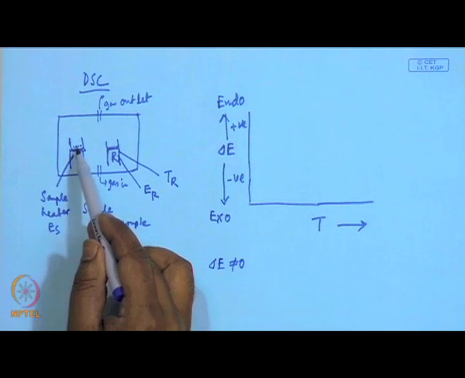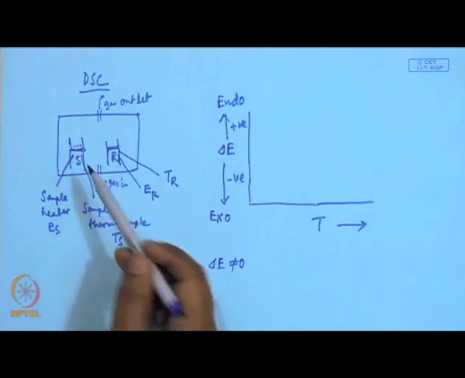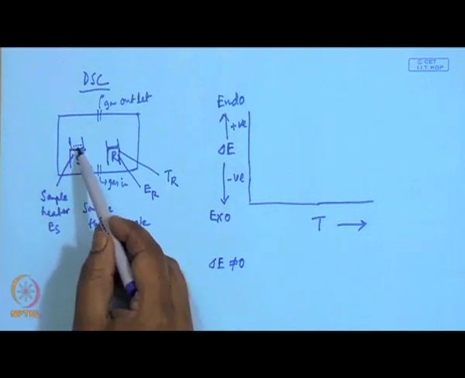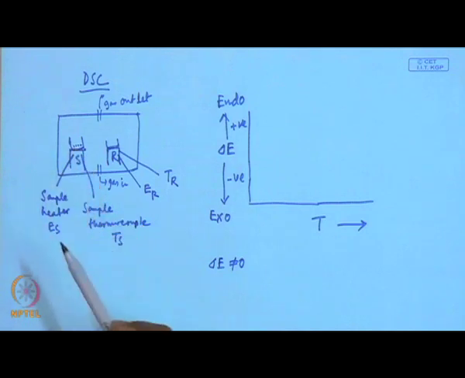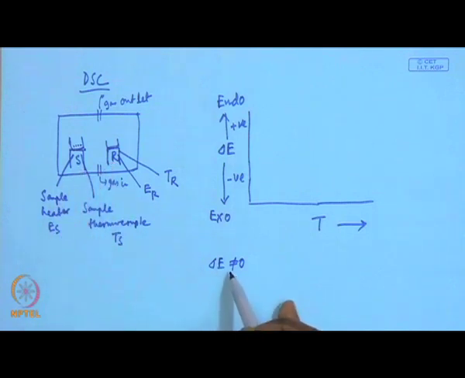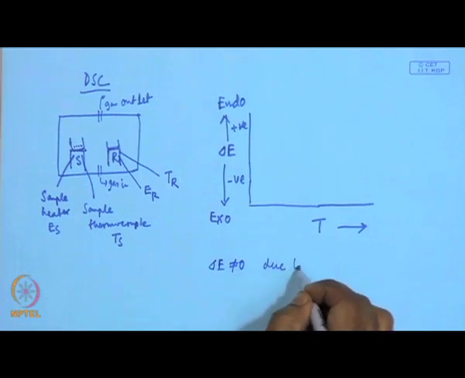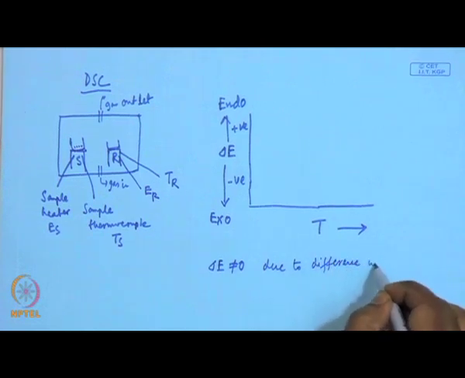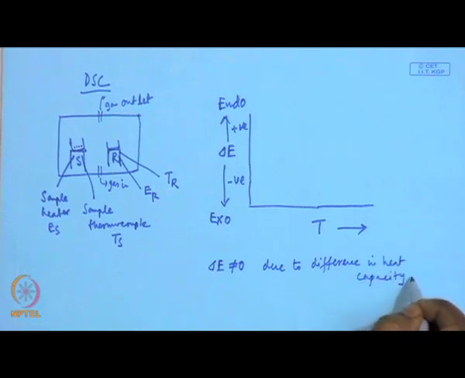So, you have to always supply at least a different amount of heat, higher heat energy, to keep the sample at the same temperature as the reference. So, delta E is never equal to 0, due to the difference in heat capacity of the sample and the reference.